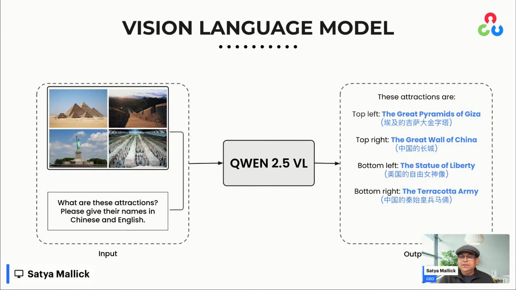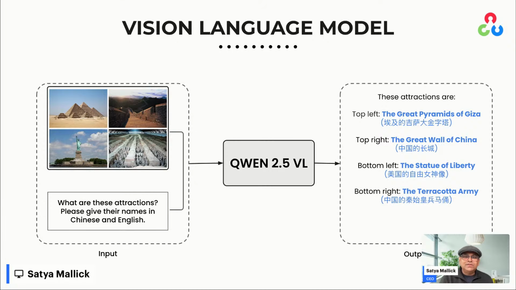It would say the Great Pyramid of Giza, and words in Chinese, which I'm assuming are the Great Pyramid of Giza. And similarly, it would say the top right, we have the Great Wall of China, bottom left, the Statue of Liberty, and the Terracotta Army. Now think about it. There was no training involved.